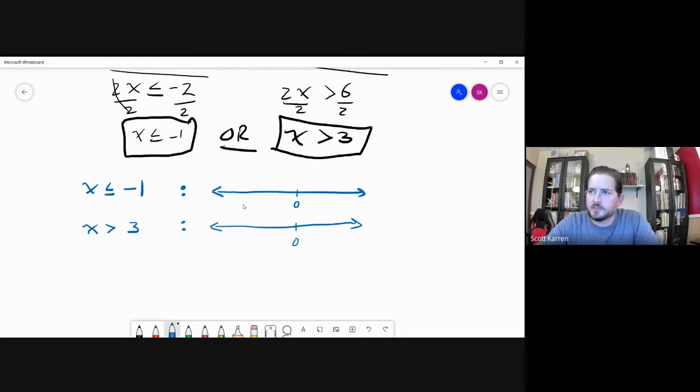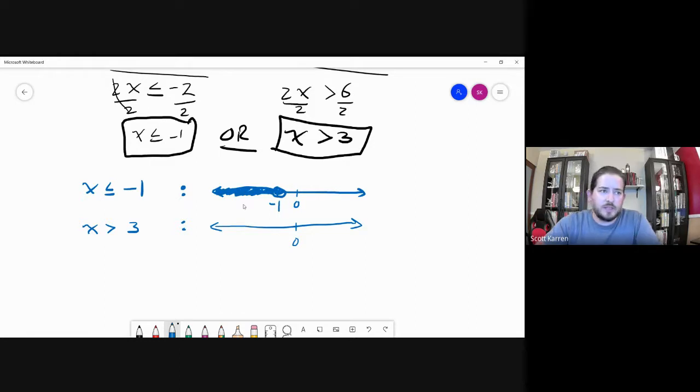They should have the same scale, everything like that. But x is less than or equal to -1: find -1. Less than or equal to is a filled-in dot here, and then just shade that to the left. Okay, so that's what x is less than or equal to -1 looks like visually.